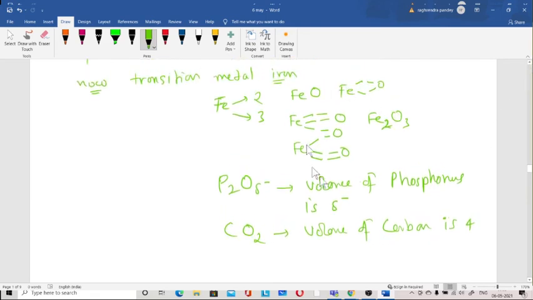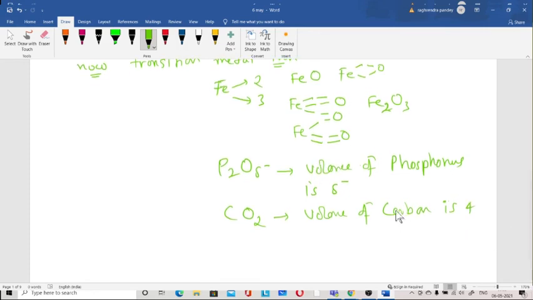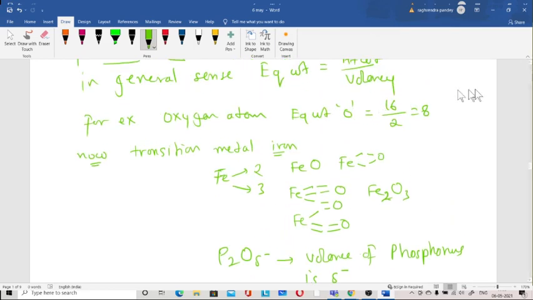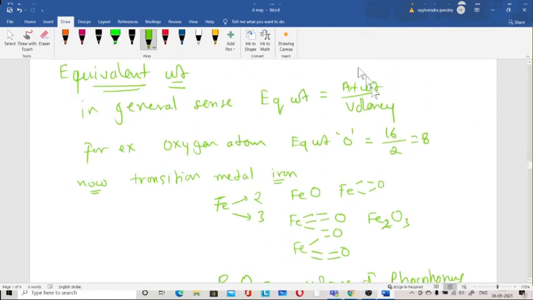Okay, so that is about the valency, and the same valency will be used to calculate the equivalent weight of any atom.